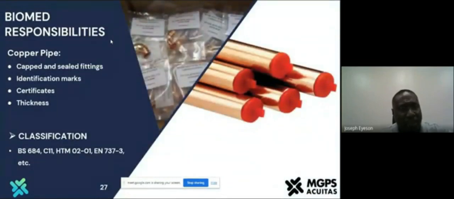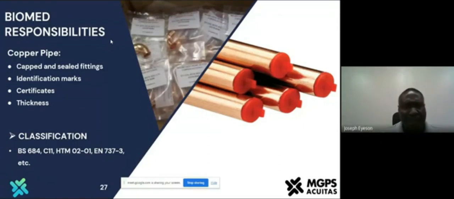So copper pipe needs to be capped and sealed, and all other pipe fittings need to be degreased, and they come in this form. They are sealed, and they can only be removed when you are ready to use them.